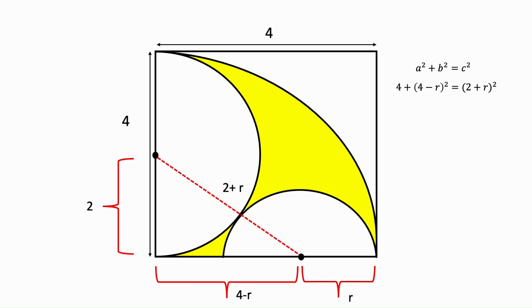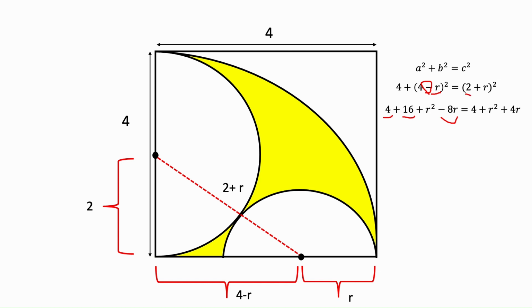So great. Let's write this formula. It's 2 squared, which is 4, plus 4 minus r squared, this is our b, equals 2 plus r squared, which is c squared. Let's simplify it. 4 plus 16 plus r squared, and here we have minus 2 times 4 times r, which is minus 8r.